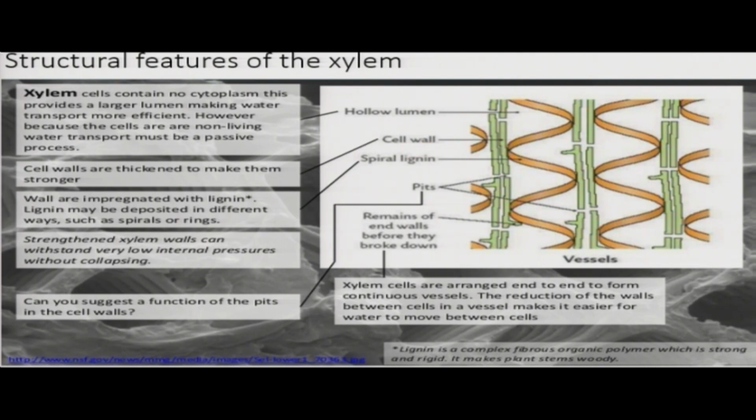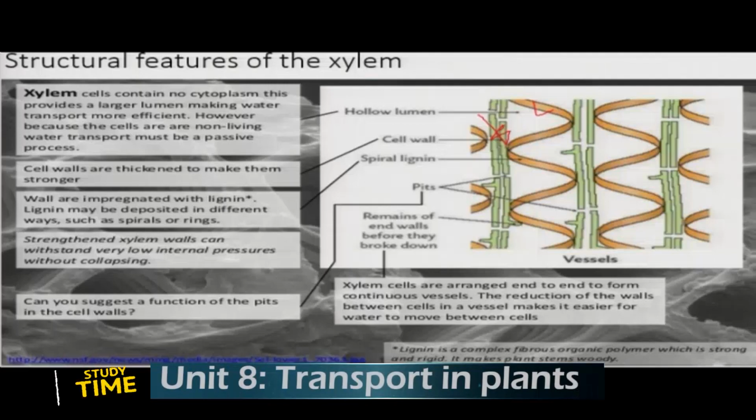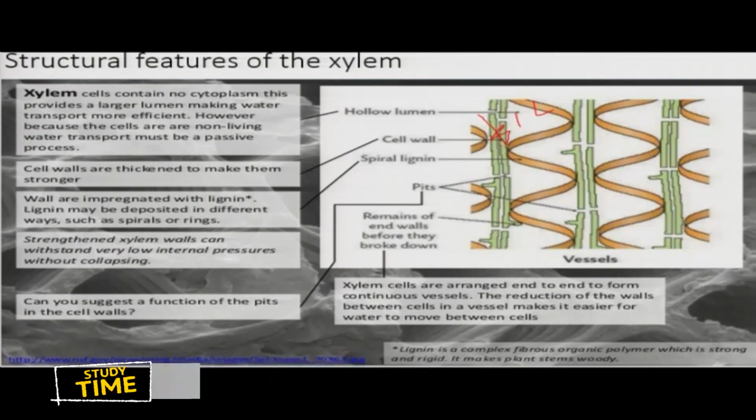We have this as the cell wall. Another structure would be the spiral lignin. But the label here we have is only space.